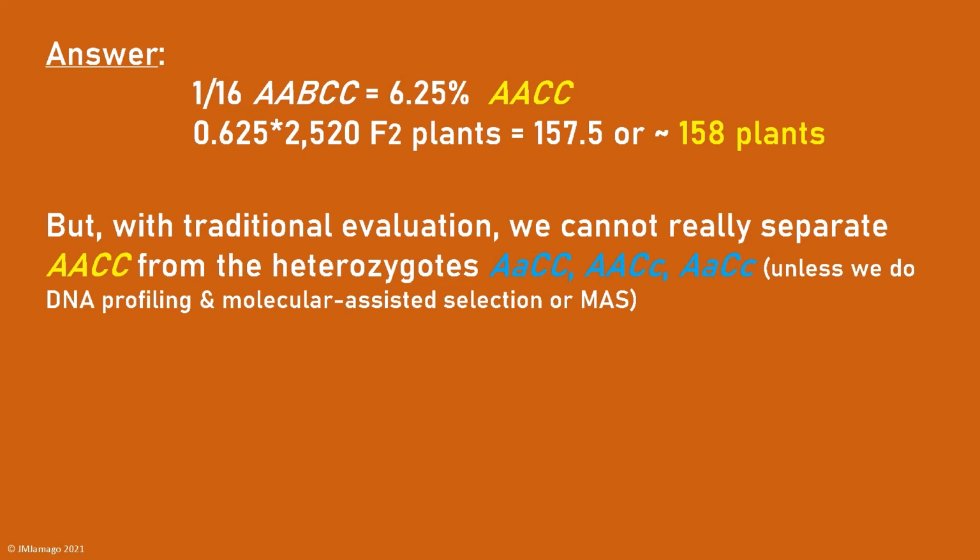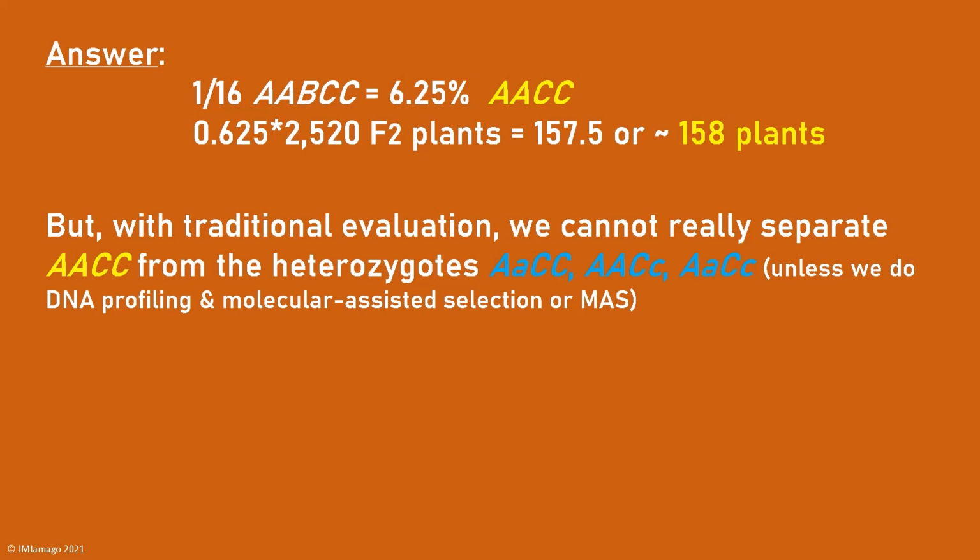But it would be easier actually if we do another technique, which is DNA profiling and molecular assisted selection. So, dali ra ta nato ma-identify katong 1/16 nga grupo sa population nga immediately being dominant A and C homozygotes.